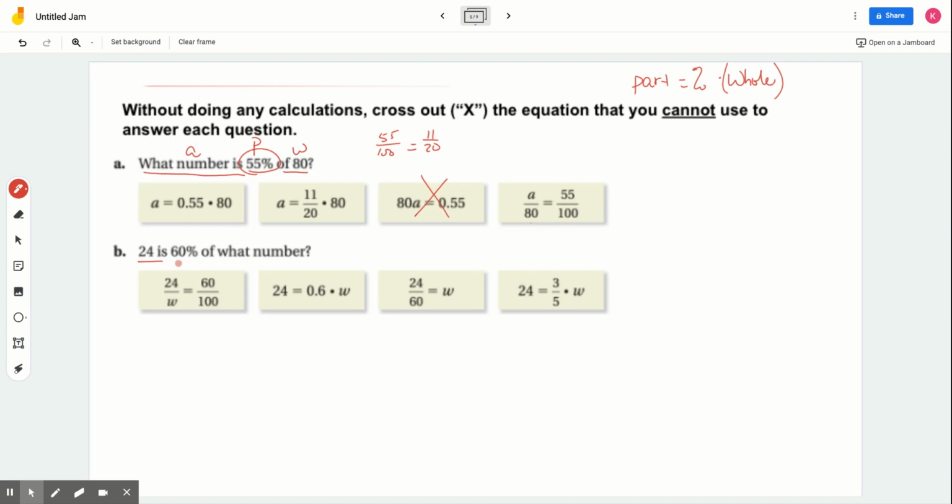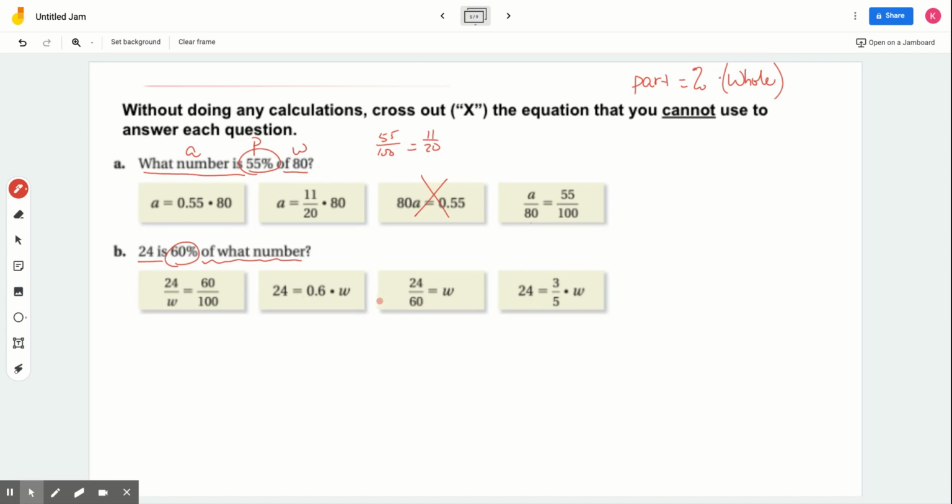24 is 60% of what number? Go ahead and take a look at number 2 and try to pick out which one is the most appropriate, or pick out which one is not appropriate. We know that 24 is the part, so we can look at all 4 options and see which one has 24 in the spot of the part.